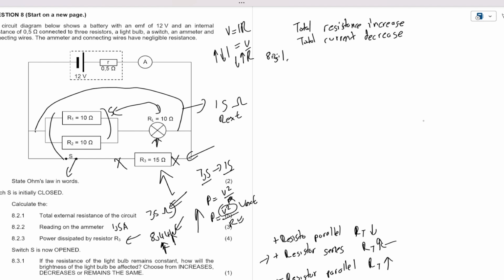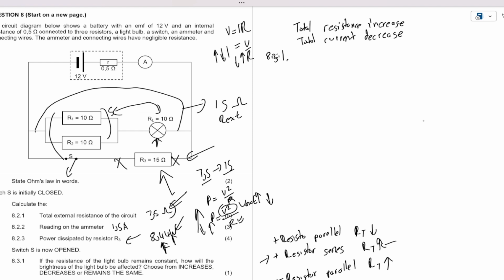If we find that V external increased, we'll find a greater power, which will lead us to say that the brightness of the bulb increased. If we find V external to be lower, we'll find a lower power. So how do we find V external? It's simple. We come to the battery itself.